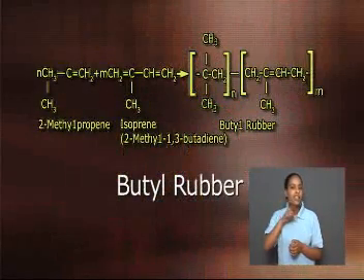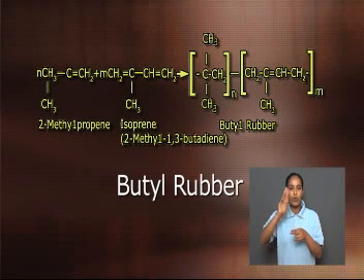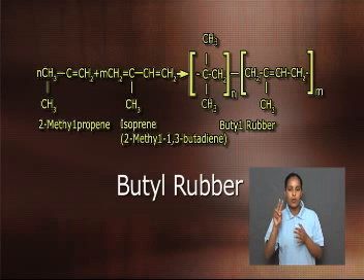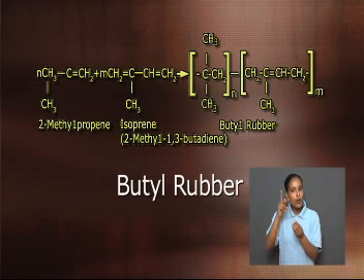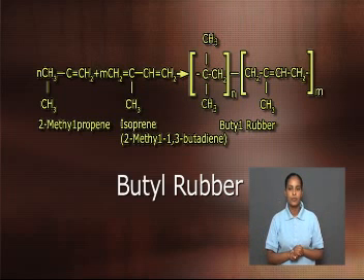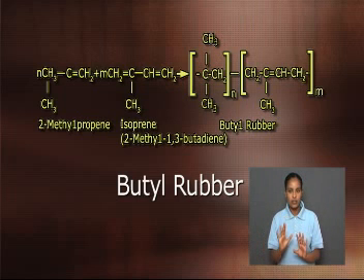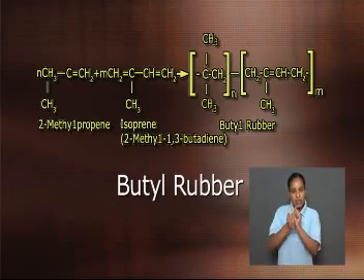Another synthetic rubber is called butyl rubber. It is a copolymer of isobutylene with isoprene and is formed through addition polymerization. Butyl rubber can range from colorless to light yellow and is generally odorless and tasteless. It is very flexible.